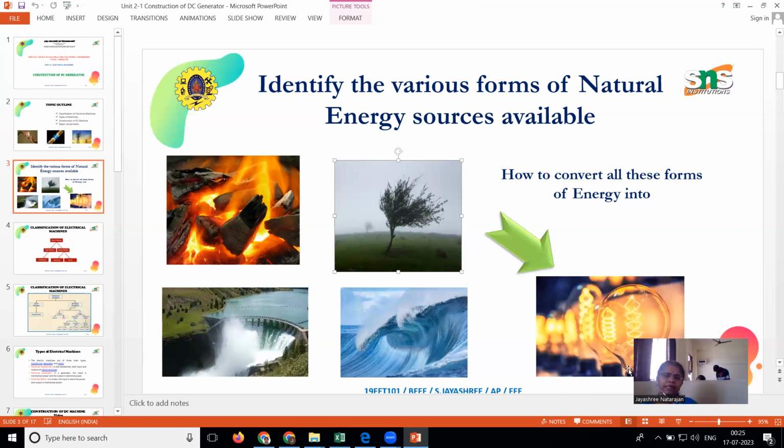This is a dam. Water stored at a high head, at a high height, has high potential energy. That potential energy of water is used to produce electricity. The water is made to run from the high head and run the turbine blades.